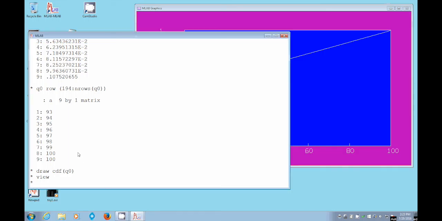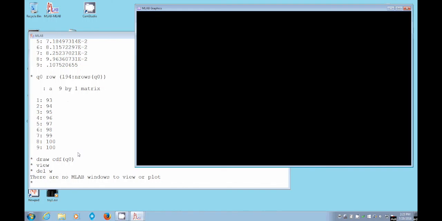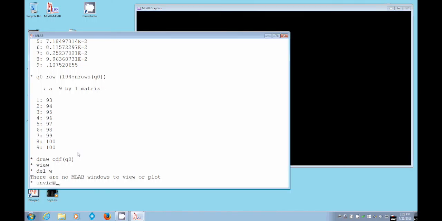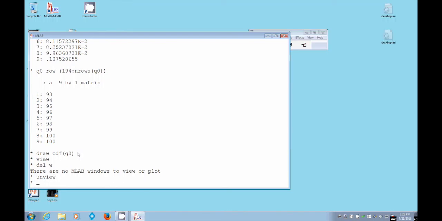Okay, so now I'm going to hit return, and I'm back here. And I really don't need to see this picture anymore, so I'm just going to say delete W, the picture that I have there. And I'm also going to say unview, so I don't even see that black nothing window. Okay, and now let us continue with our story about input-output.